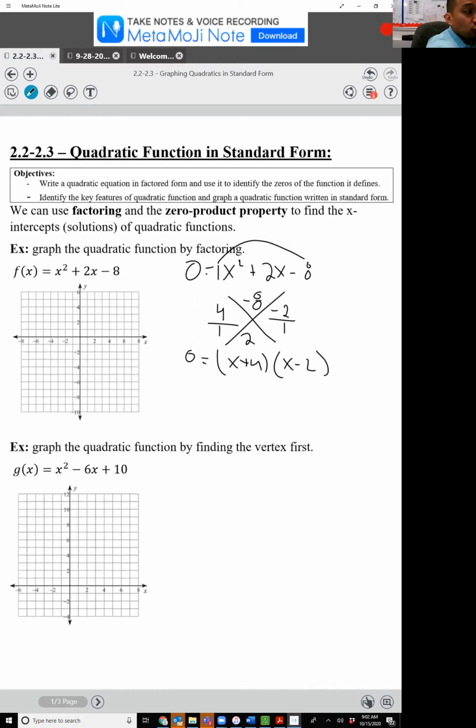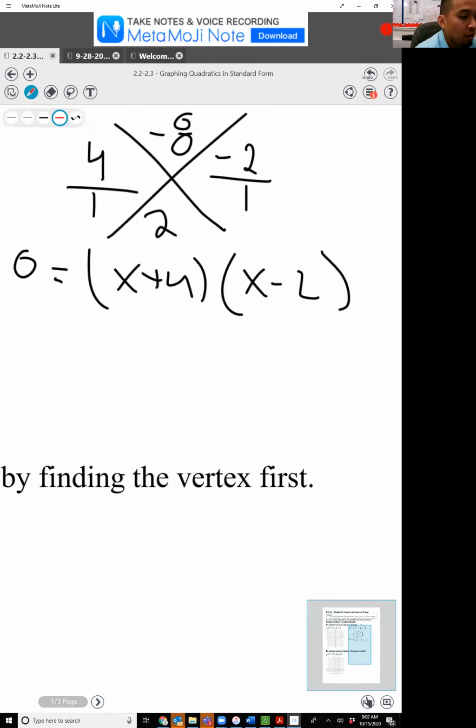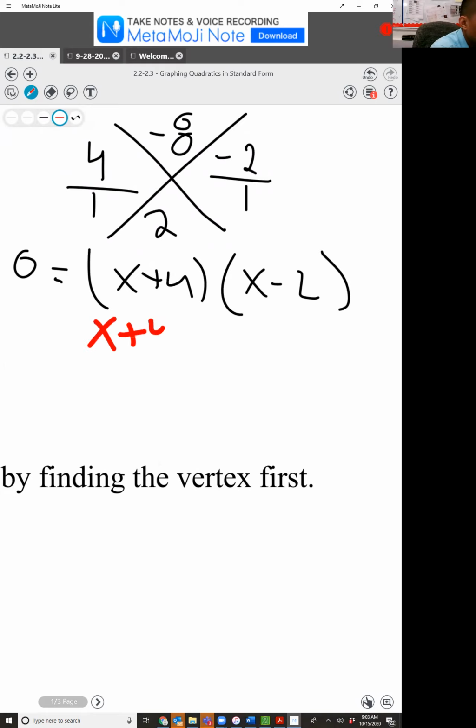What I want you to do different in this case is you're going to go ahead and solve for the zeros or the solutions of the equation. What does that mean? Notice that my equation is set equal to 0. I'm going to go ahead and set each one of those equal to 0. So x plus 4 equals 0, x minus 2 equals 0, and then just go ahead and solve for x.